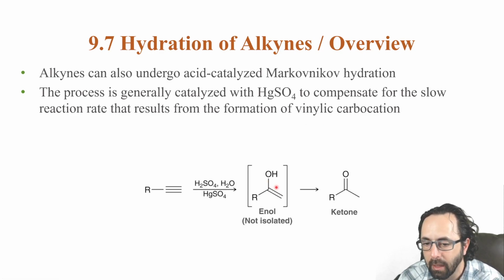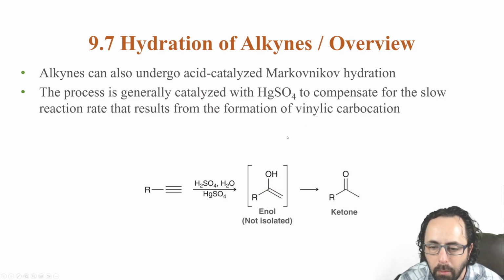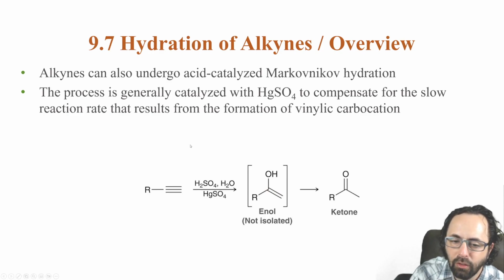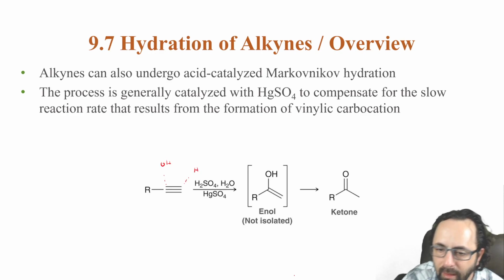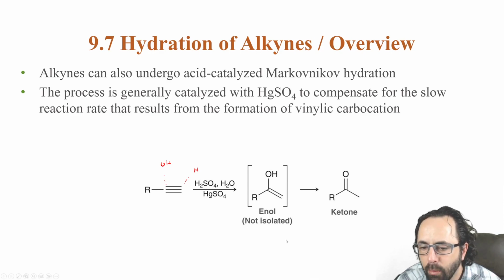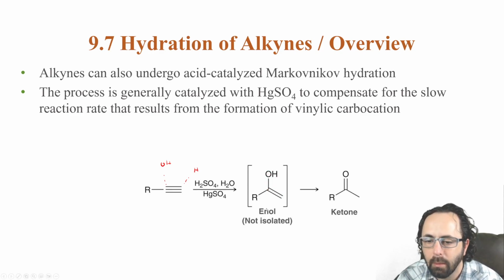Remember, vinylic being at the position right on the double bond. We're adding water, and the OH would be added to the more substituted position and the H to the less substituted position. And this would give us an enol, meaning an alkene with an alcohol attached in this vinylic position.